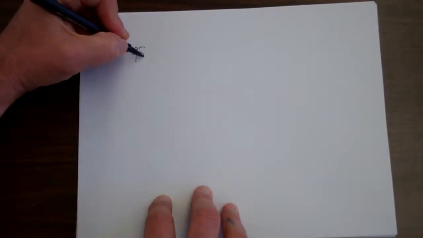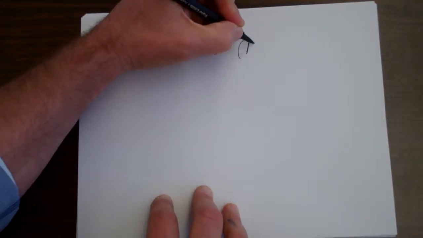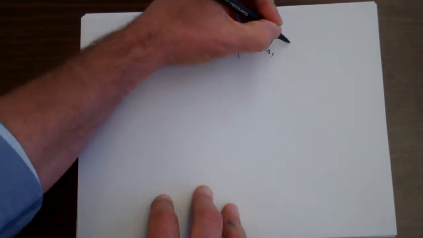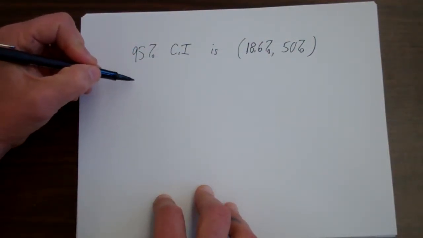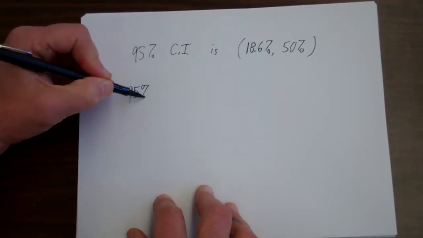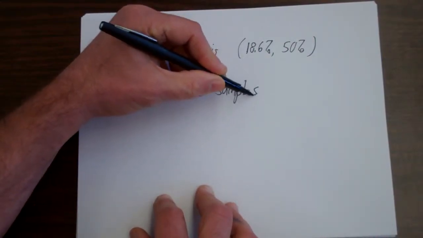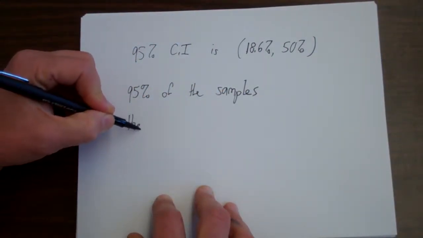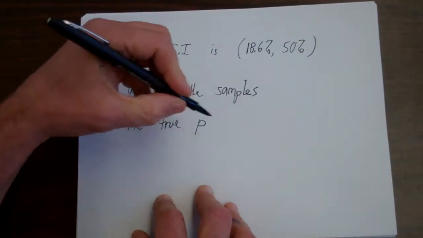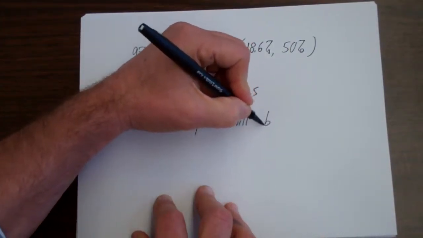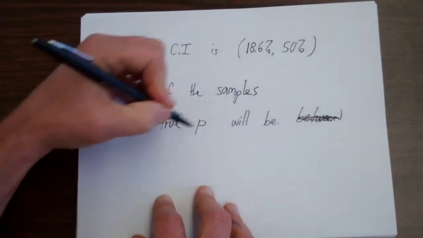If we say that a 95% confidence interval is, let's do it in percents, 18.6% to 50%, what we mean is that in 95% of the samples, the true p, the true population proportion, will be inside of your interval.